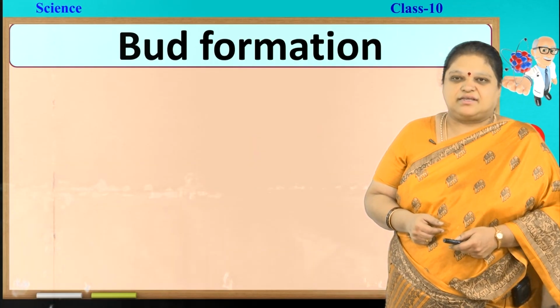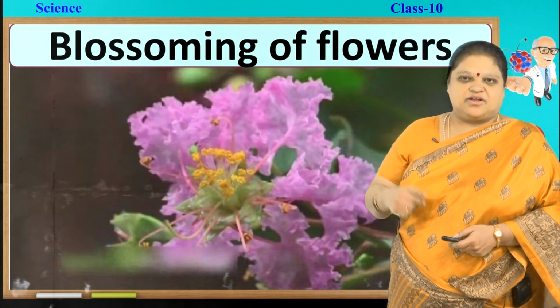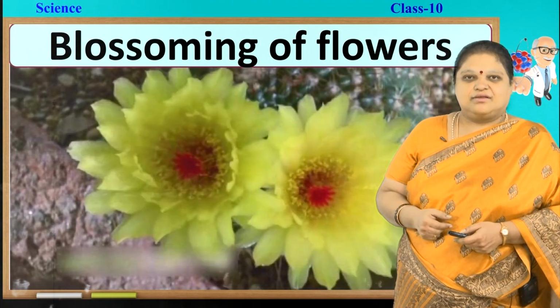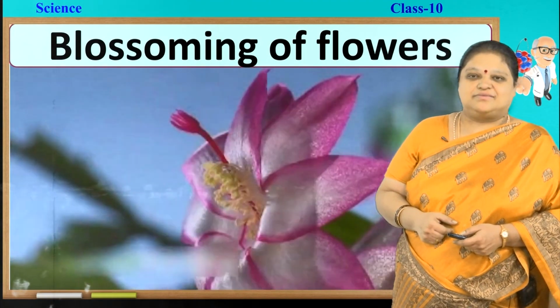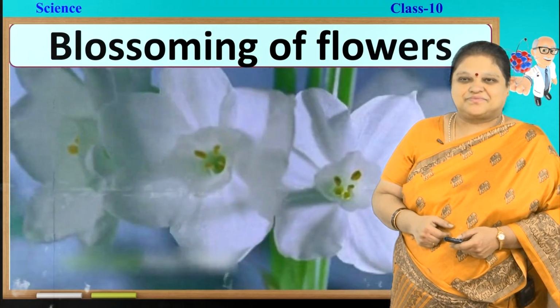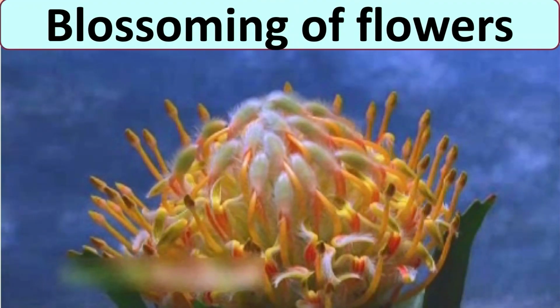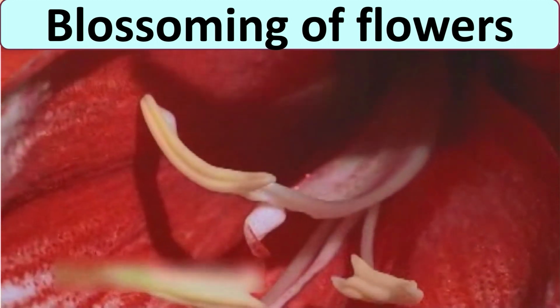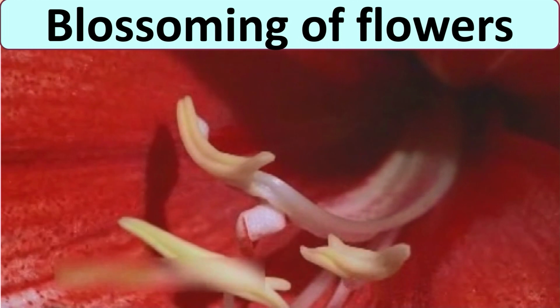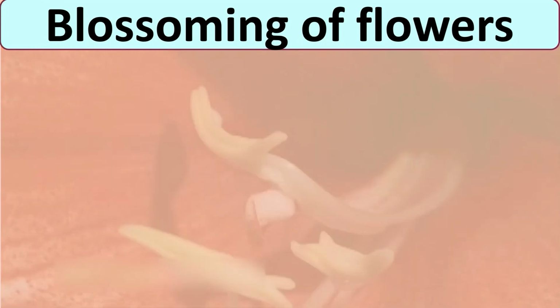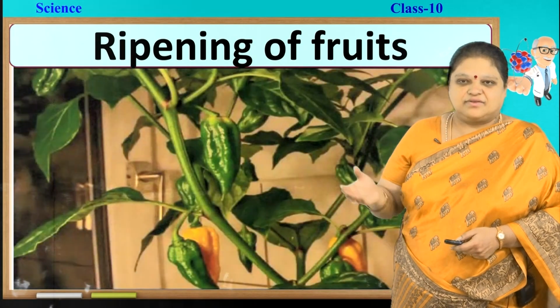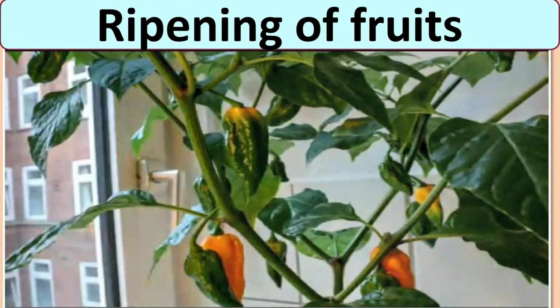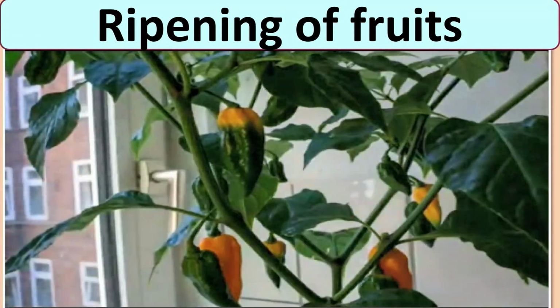Next you can see the blossoming of flowers. See how beautiful they are. For this also chemicals are required. Not only that, for the ripening of fruits, it is required. Observe that.